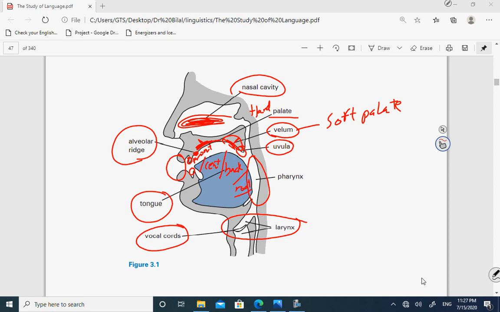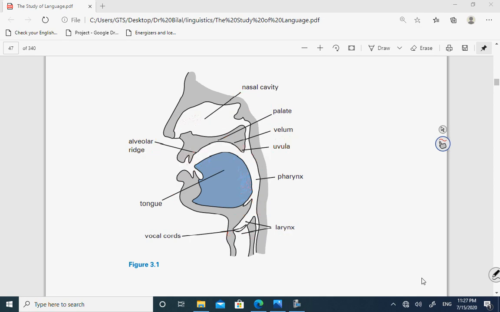Let me clear this for you and re-explain it again. We start from the beginning here. These are the two lips, the upper and lower lip, and then directly behind the lips we have the teeth, upper and lower front teeth. Then we have the alveolar ridge, exactly behind the teeth.